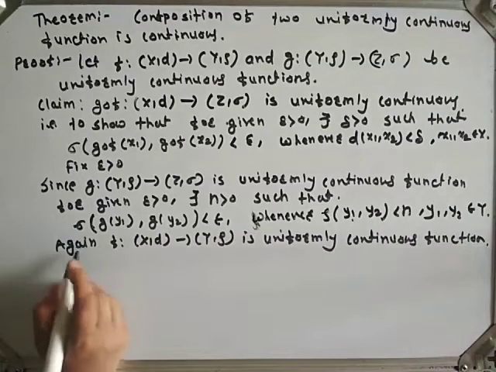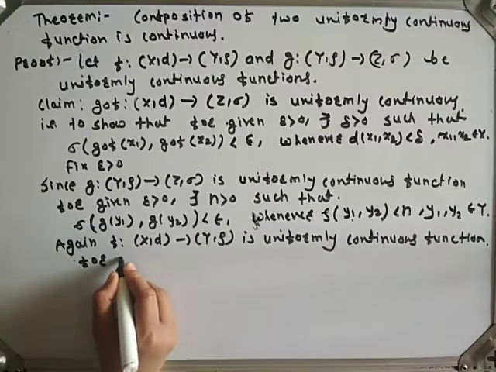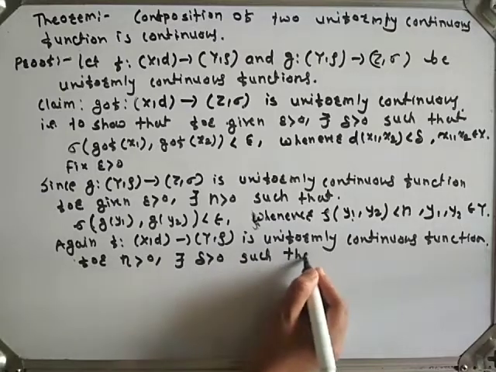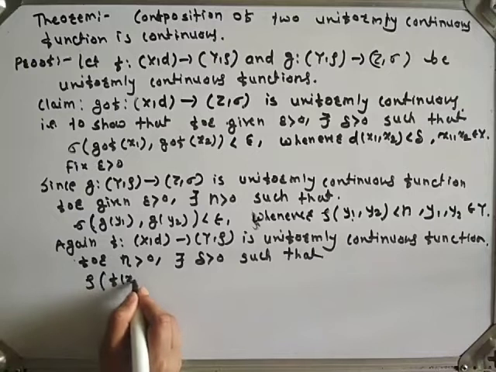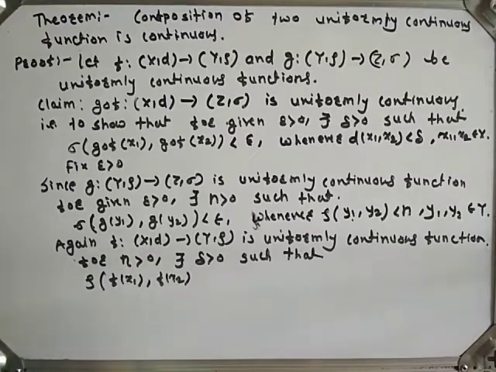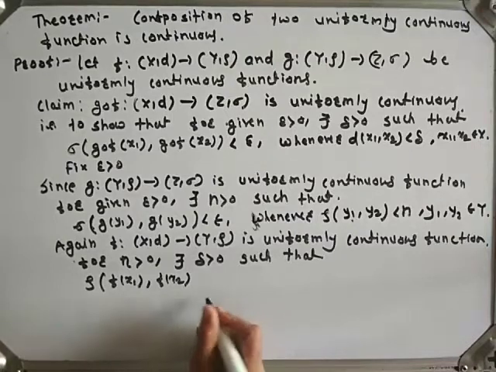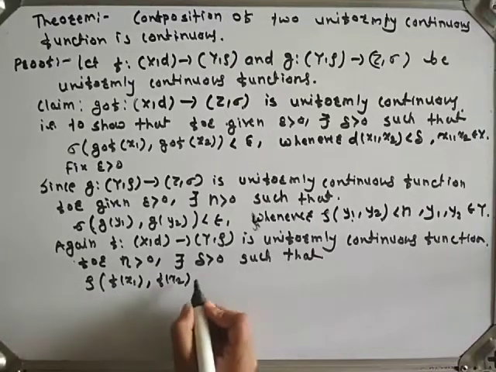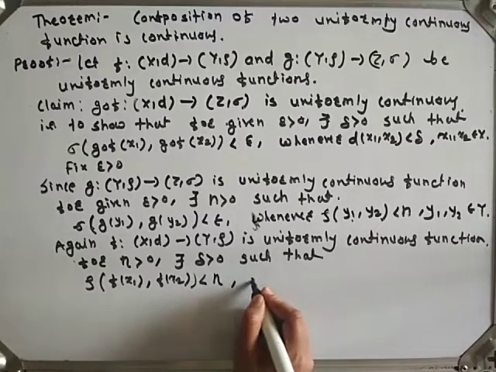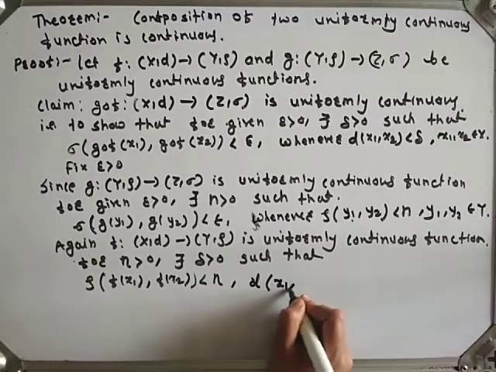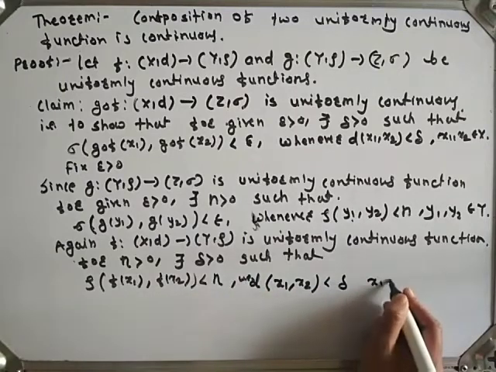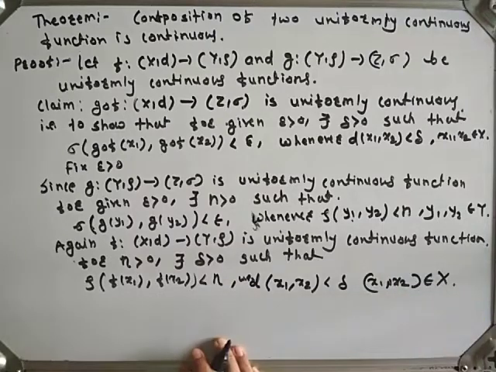Again, by definition of uniformly continuous function, for eta greater than 0 there exists delta greater than 0 such that rho of f of x1 comma f of x2 is strictly less than eta whenever d of x1 comma x2 is strictly less than delta, and x1 comma x2 belong to capital X. Okay.